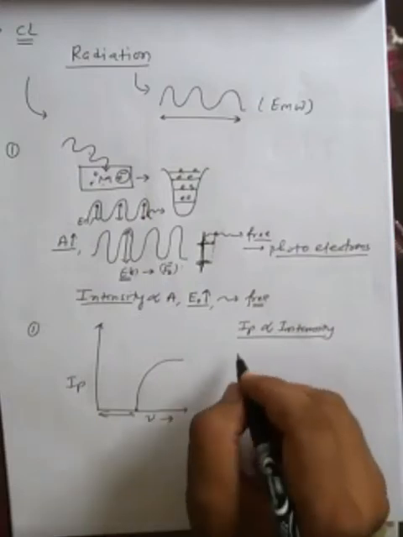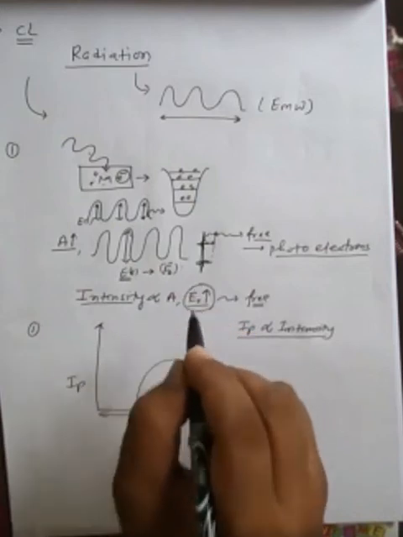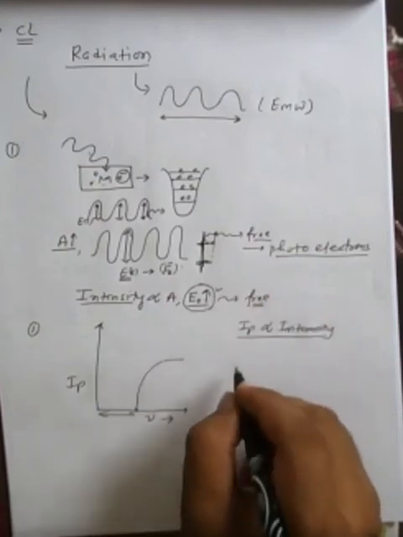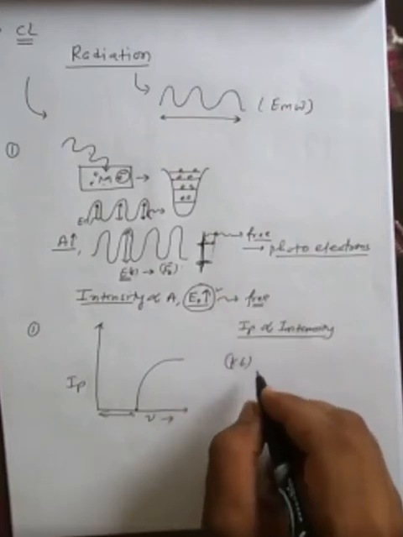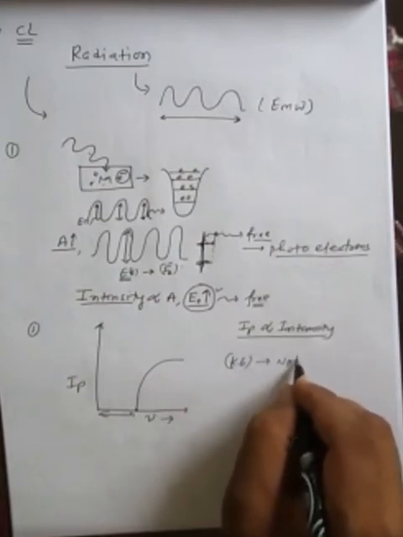It means there is no dependency of frequency on the energy of the photoelectrons. The kinetic energy of the photoelectrons is not a function of frequency.